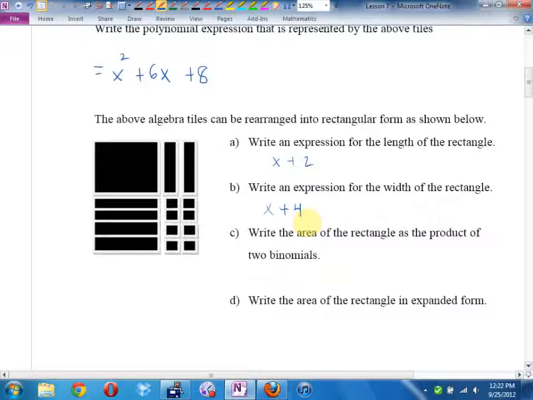Part C says, write the area of the rectangle as the product of two binomials. Say what? Area of a rectangle is length times width. If I was to write the area as an equation, I would write it as x plus 2 times x plus 4.